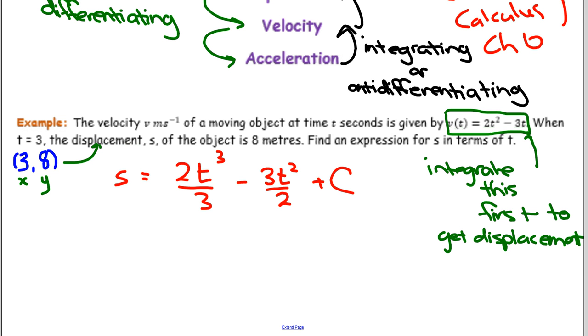They say that the displacement is 8. So we're going to sub in 8 for the displacement, sub in 3 for the time, and solve for c. We'll probably get some awkward, horrible number.